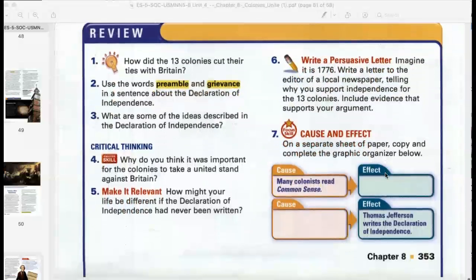And to review, how did the 13 colonies cut their ties with Britain? Number 3, what are some of the ideas described in the Declaration of Independence? And if you need a challenge, write a persuasive letter.